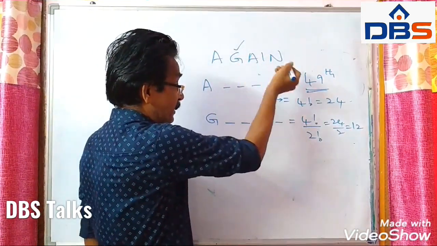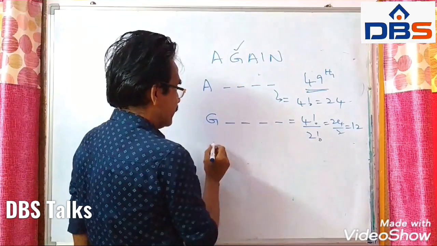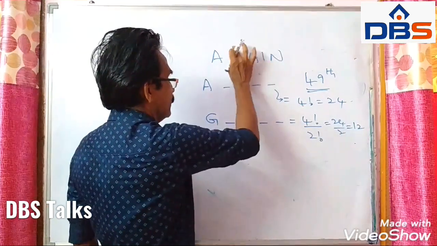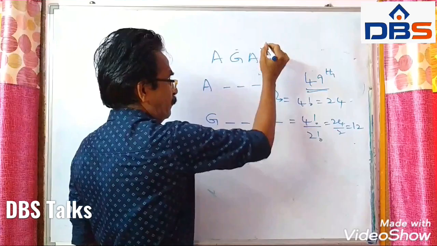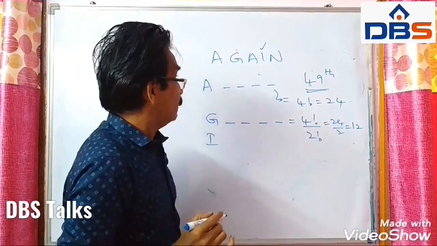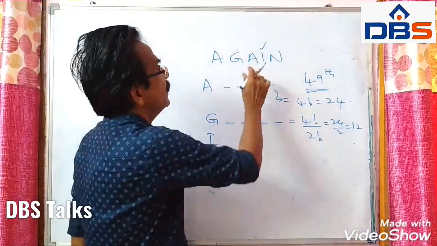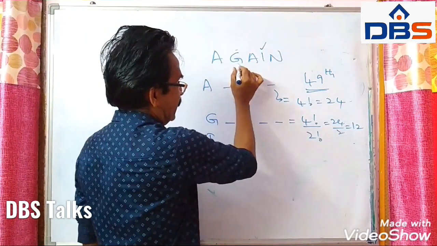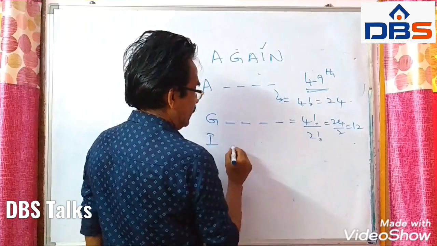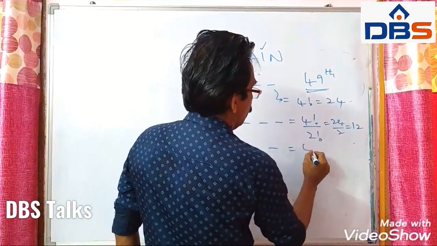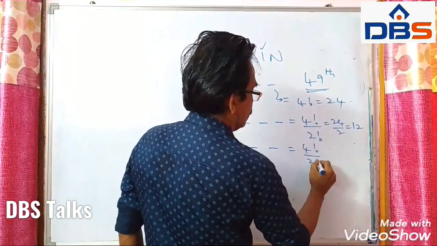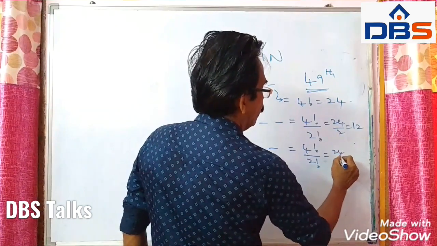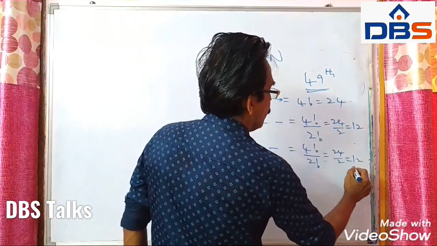Now after G, the next bigger one is I. Let us see the number of words beginning with I. If we fix I at the first place, the remaining letters are A, G, A, N, so 4 factorial by 2 factorial, 24 by 2, equal to 12.